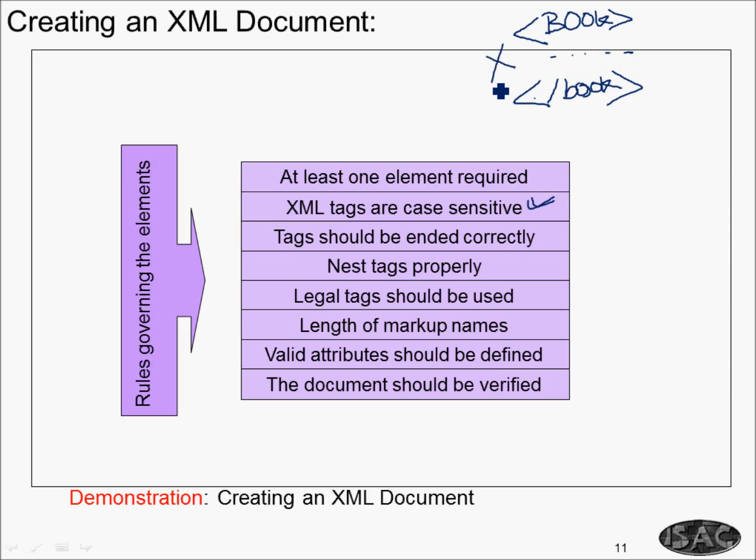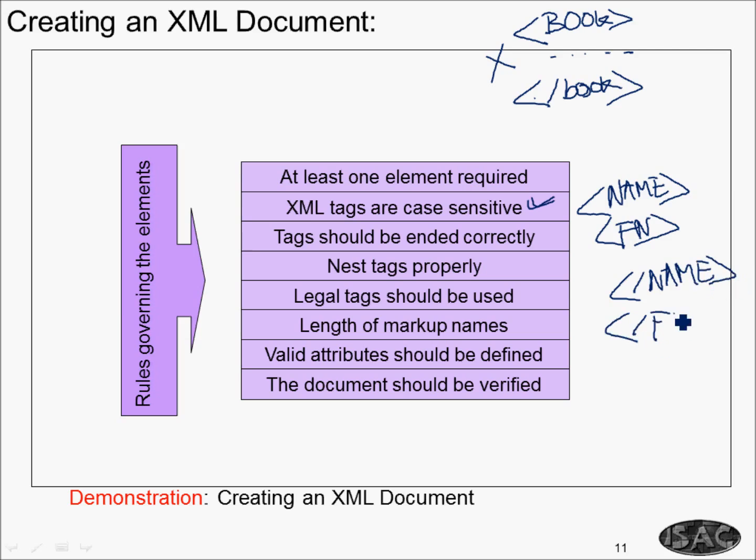Tags should be ended correctly. Let us assume that I created a tag called name, and inside that I put first name, fn, and then I close here name and close here first name.